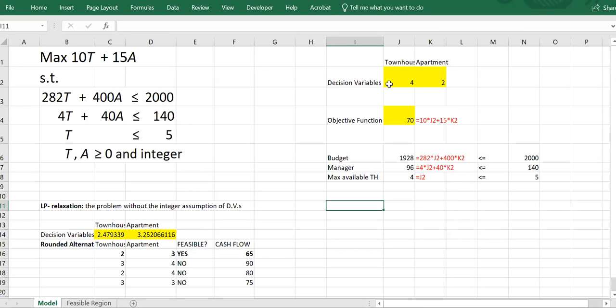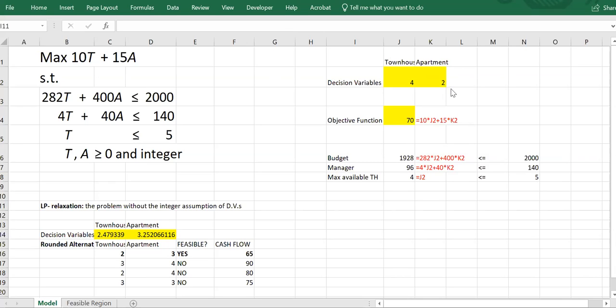Okay. So the optimal solution is buying 4 townhouses and 2 apartments. And if you do that, you're going to get a cash flow of $70,000 actually. All these numbers are in thousands. And none of your constraints are violated, as you can see here.